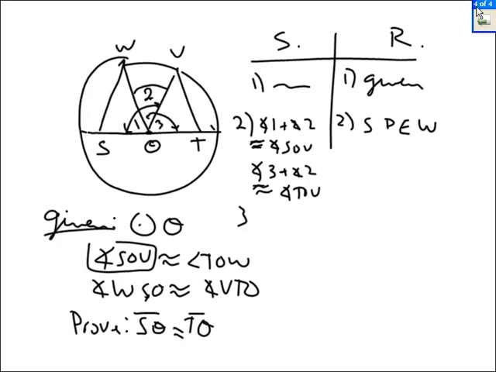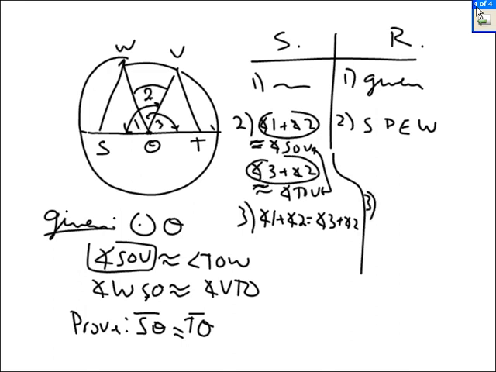Okay. Number 3. Let's formally say it. Angle 1 plus angle 2 is equal to angle 3 plus angle 2. Why? Because the two quantities I just wrote down equal a common value. SOV and TOV, they were said to be equal.